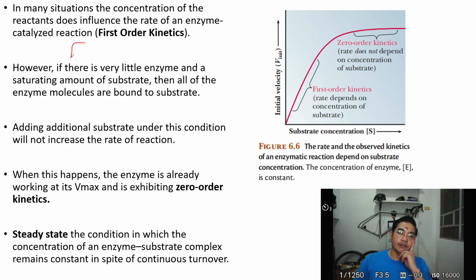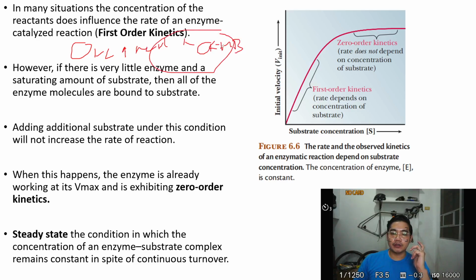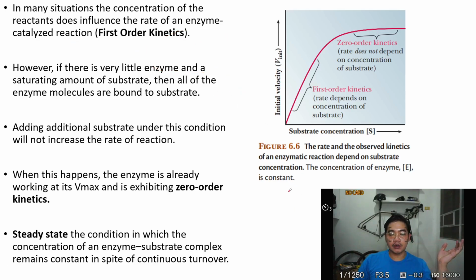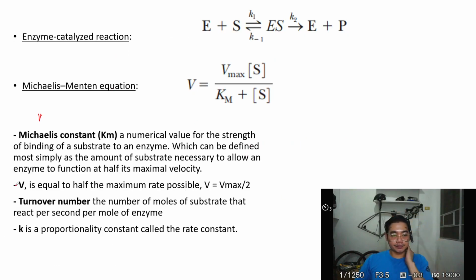Example, if you have myocardial infarction or heart attack, there will be an increase in release of cardiac enzymes, namely your creatine kinase MB, CKMB. So if there are increases in your CKMB, then we can assume that most probably there is myocardial damage. Turnover number is the moles of substrate that react per second per mole of enzyme.